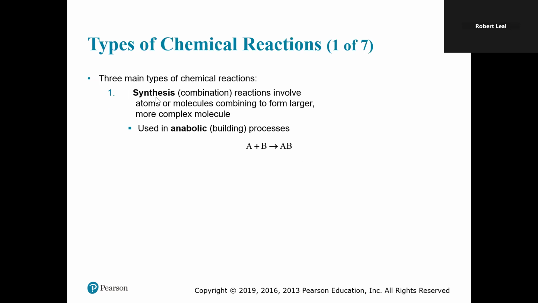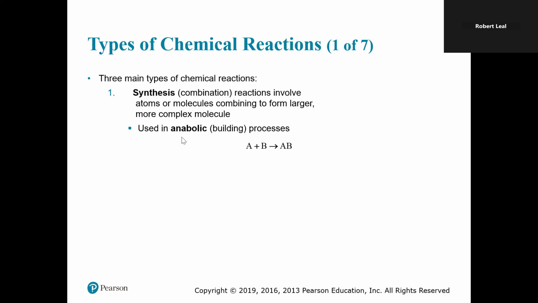So when you're building something from small to large, that's a type of synthesis reaction, or you can refer to it as anabolic. I like to think of anabolic steroids to think you're building up. So A plus B here on the left are reactants, and you built something, you made something larger, it would be the product. That type of reaction is known as dehydration synthesis reaction.